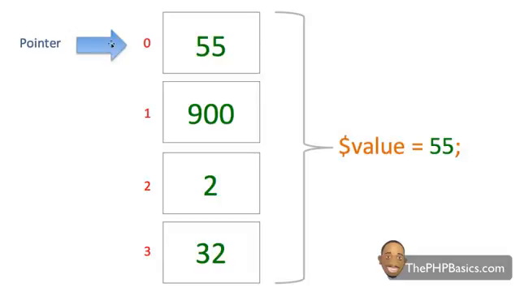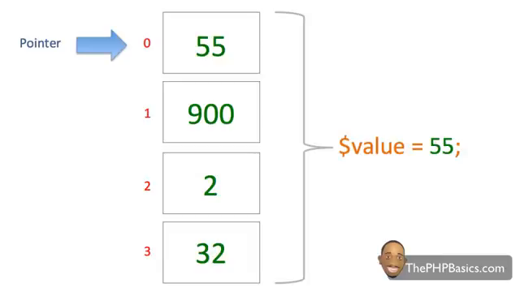You have this internal pointer that's automatically pointing to the first index, which is 0. And inside the index 0 is the value 55. And then it takes this value and assigns it to this variable that we indicated called value. So now value contains the value 55.